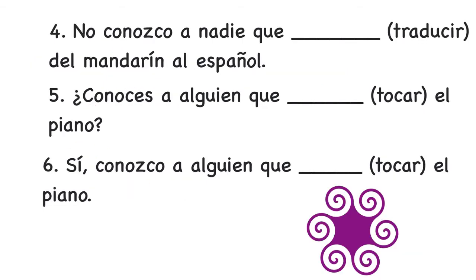Now, what about sentence number 4? Do we have a verb or a phrase that may signal that we're going to have to use a subjunctive? Well, yes, we have no conozco, no conozco in the negative a nadie, nobody, que traducir del mandarín al español.